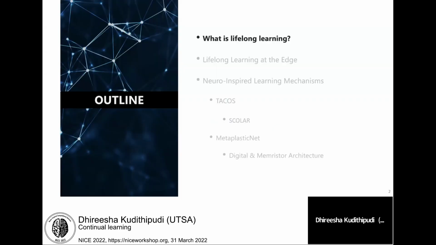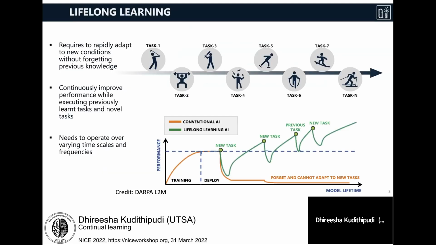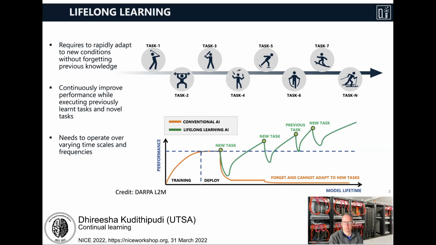So before I talk about the models, I wanted to give a brief introduction to what lifelong learning is and walk you through some of the challenges or the features that a lifelong learning system needs to have. If we think of current artificial neural networks, when they're presented with new learning tasks, they are often prone to forget what they have learned previously.